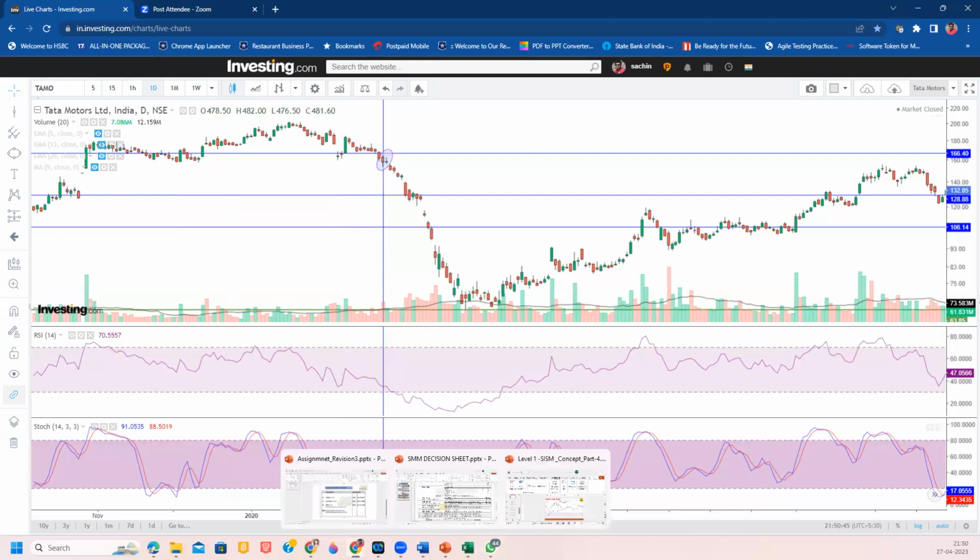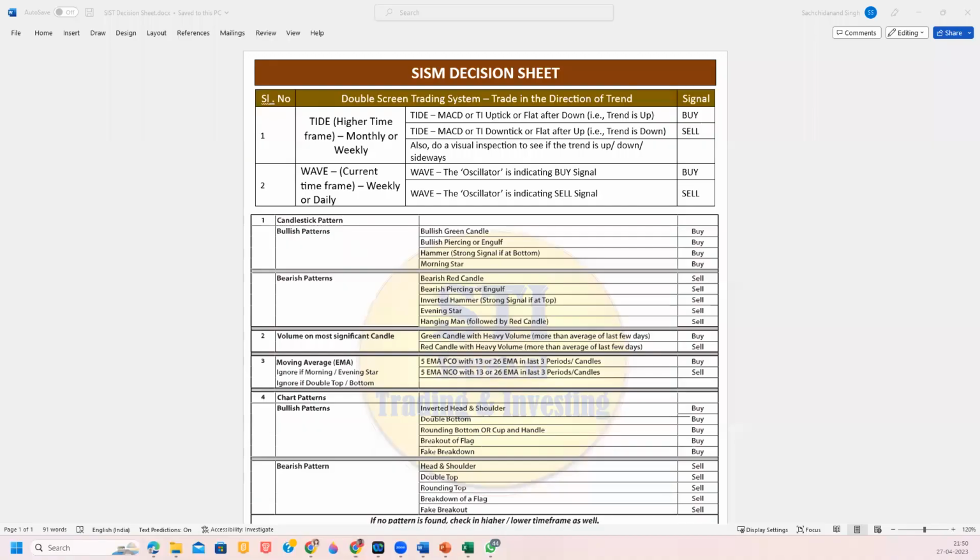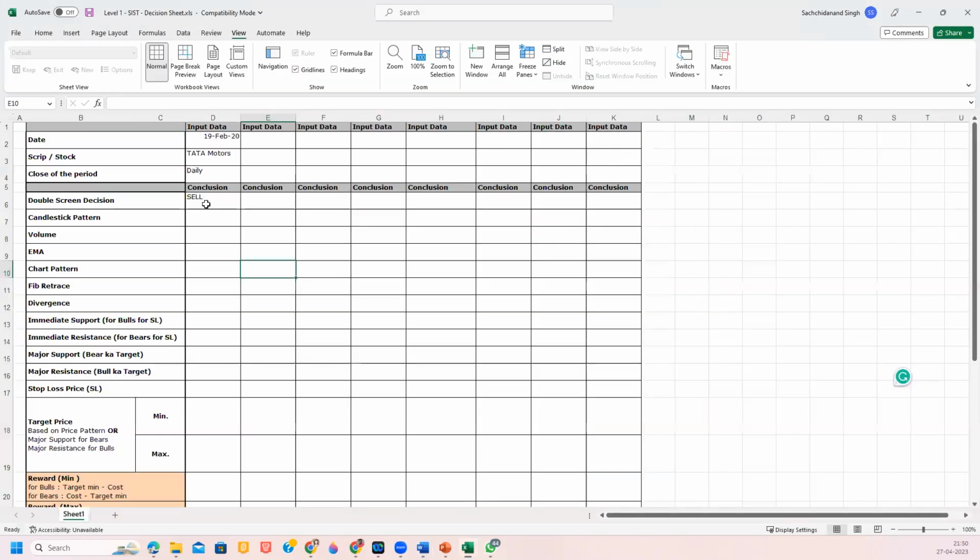As of now, in this example, the two checks, tide and wave, are enough, and based on the combined signal we can put in the entry. So far we got the sell signal.